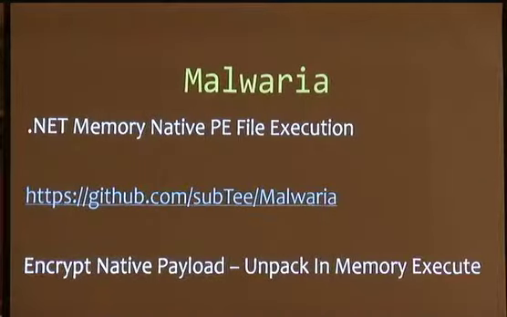Again, it's a .NET tool that allows you to run a native binary inside of a .NET space. So if you can find a .NET sponsor, then we can probably execute our binary. We'll add the ability to encrypt native payloads and unpack from memory. These are not things that are new. Adversaries use these all the time, so we're going to be able to demonstrate adversarial tactics using a tool like this.